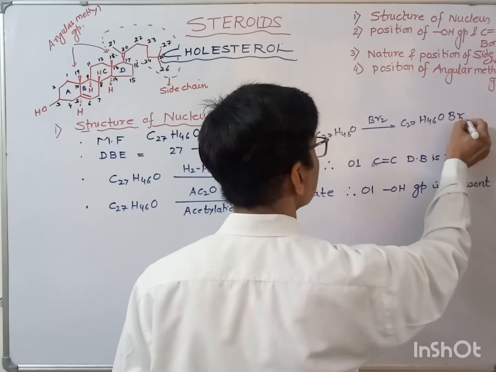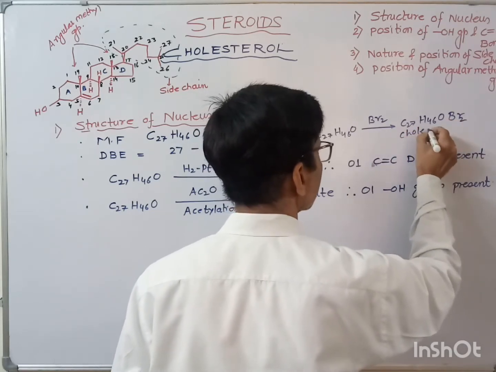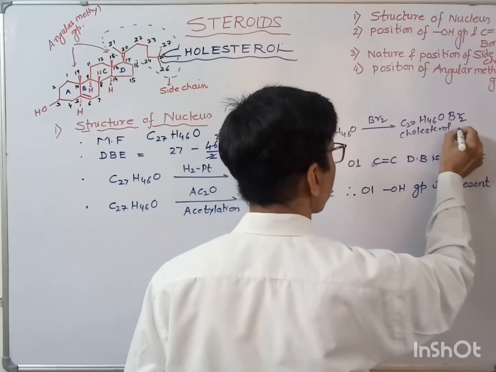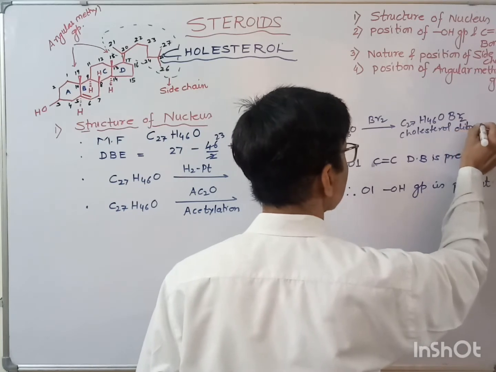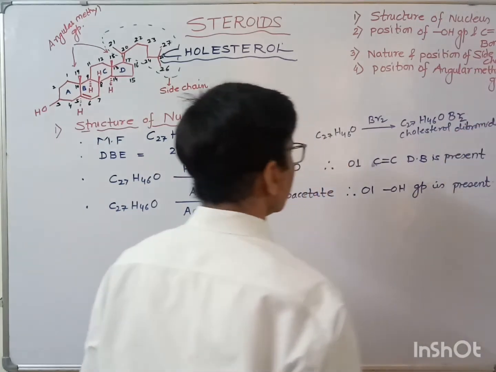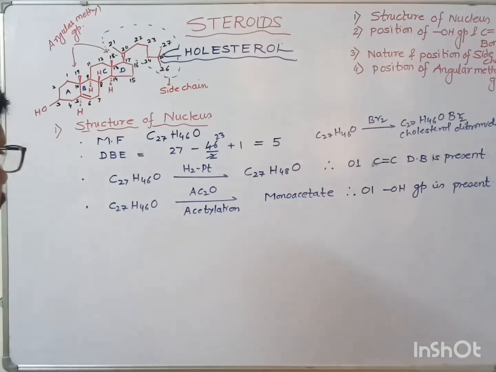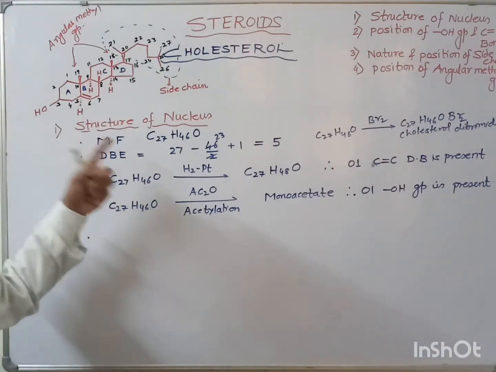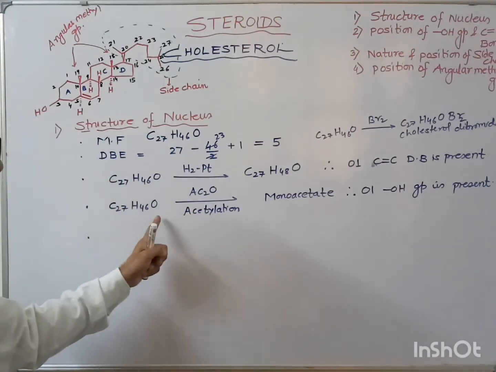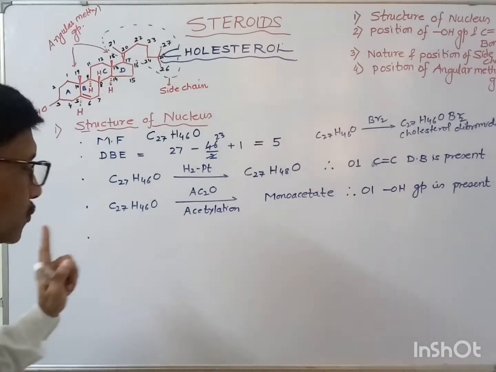So this was the cholesterol dibromide. Okay. Now, this means one double bond is present in cholesterol and one OH group is present in cholesterol.